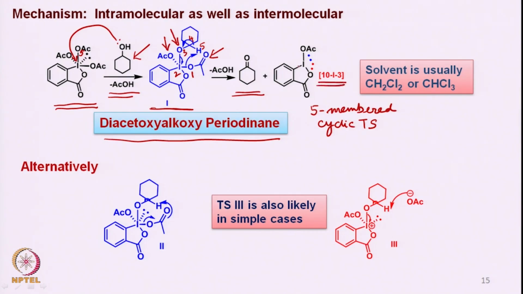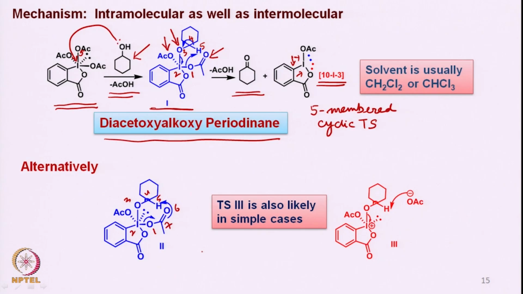So, you have 3 bonds here, and of course you have 2, 4, 6, 8 and 10 electrons, and we have this iodine in between. Now, the other possibility is that you carry out the oxidation starting from 1, 2, 3, 4, 5, 6 and 7.